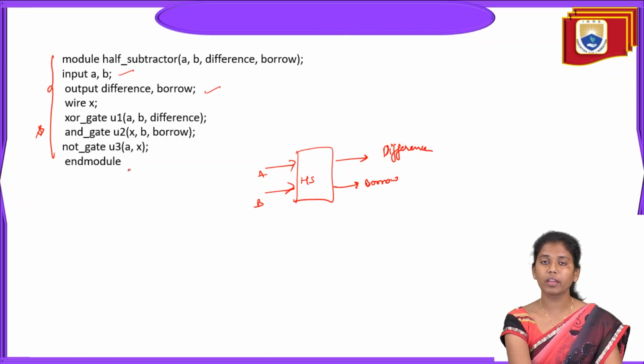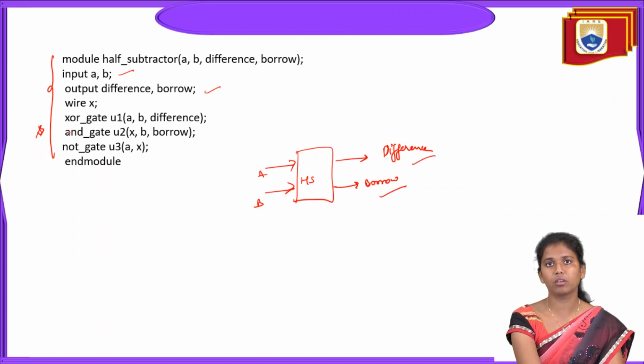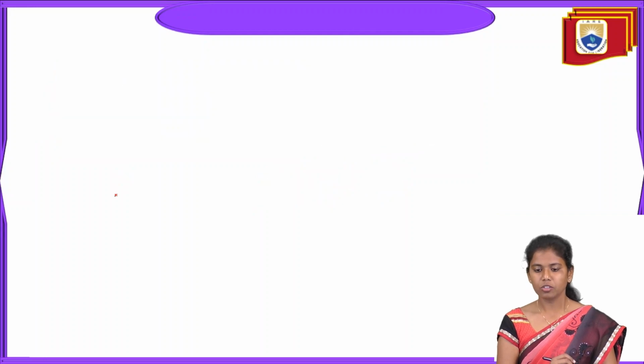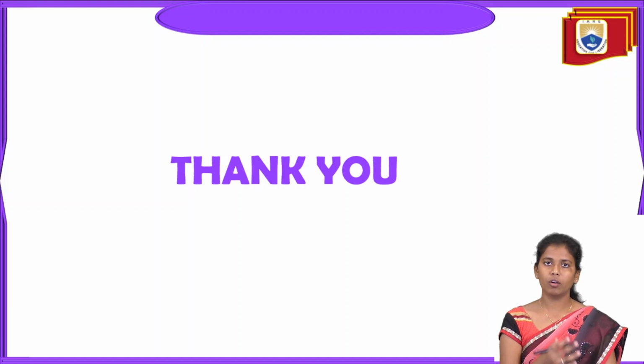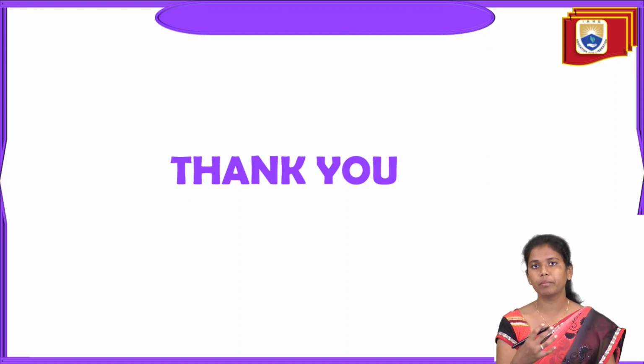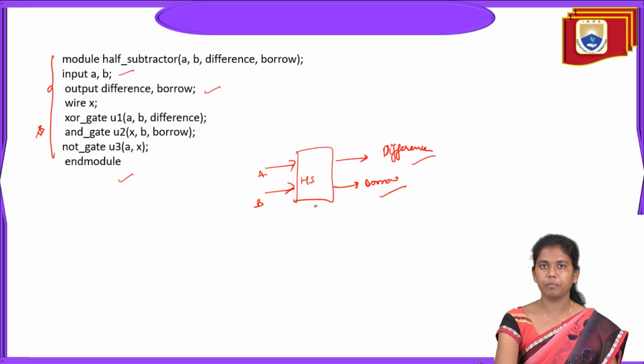Then by using the gates, we are going to observe our difference and borrow. So we have the initialization of the XOR gate, AND gate, and NOT gate, and finally end module. This is a small program that we have generated using the switch level modeling technique for the half subtractor.